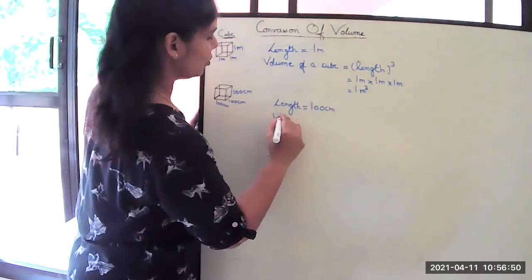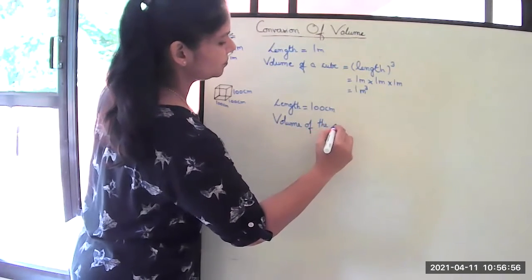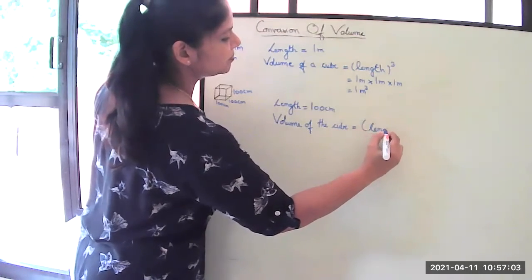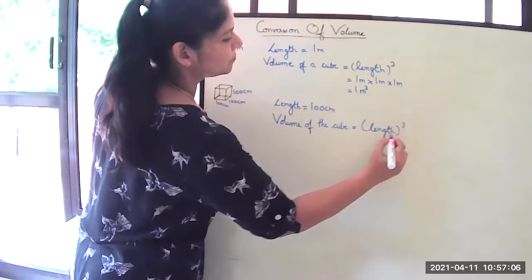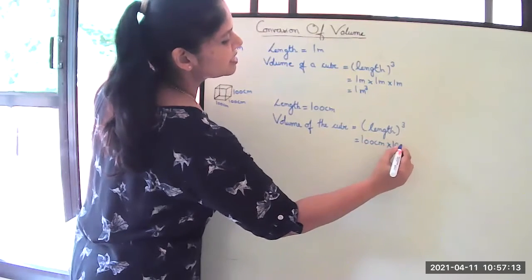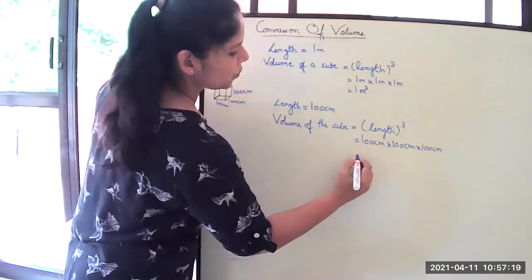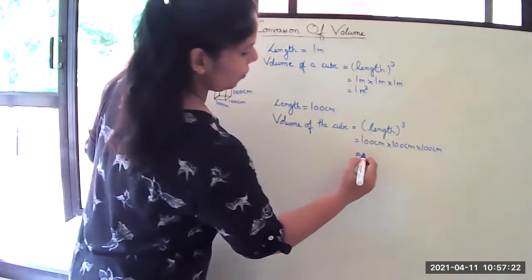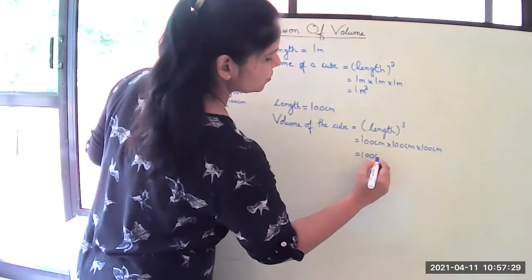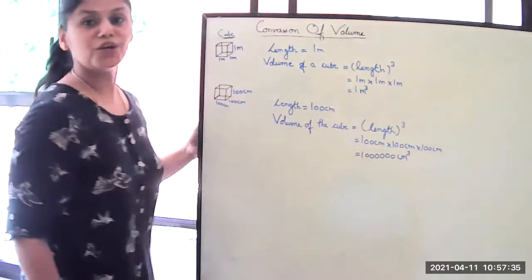So again, volume of the cube is equal to length, the whole cube, that is equal to 100 centimeter multiplied by 100 centimeter multiplied by 100 centimeter, which is equal to 1, then 1, 2, 3, 4, 5, 6 zeros. And the unit is centimeter cube.